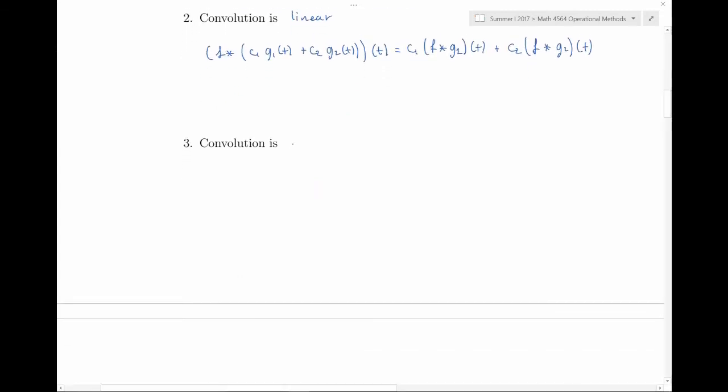Also, convolution is associative. Which means that if you compute the convolution of three functions, say you compute the convolution of g with the function k, and then you compute the convolution of f, that's going to be the same as first computing the convolution of f and g, and then computing the convolution with k.